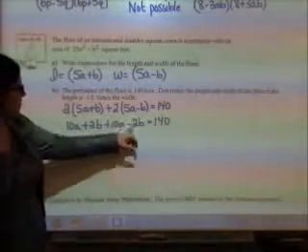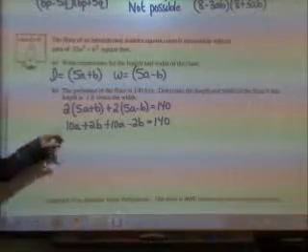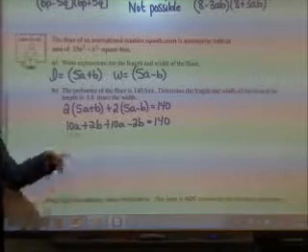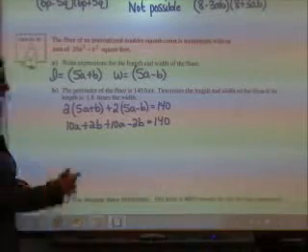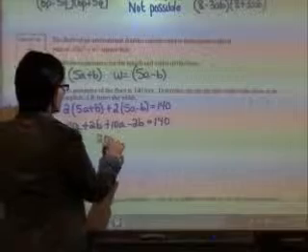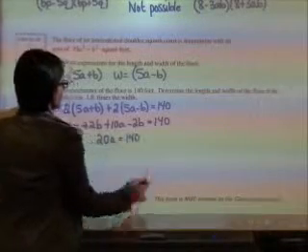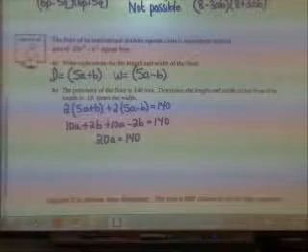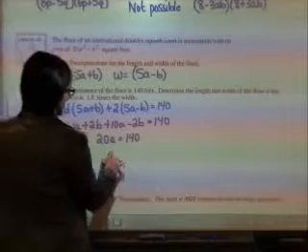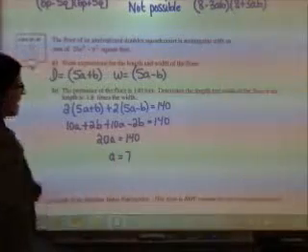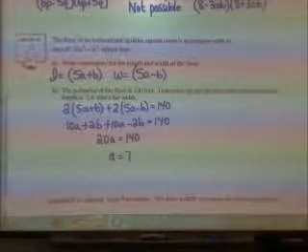The positive 2b and the negative 2b cancel, meaning it equals 0. 10a and 10a gives me 20a. It's 140. Divide by 20, and a equals 7.